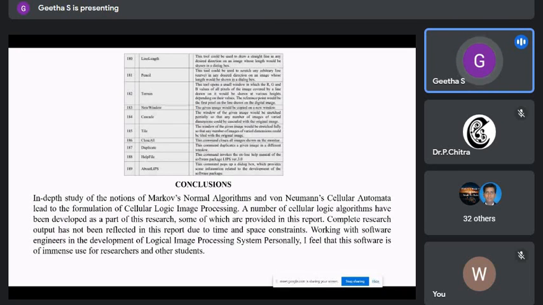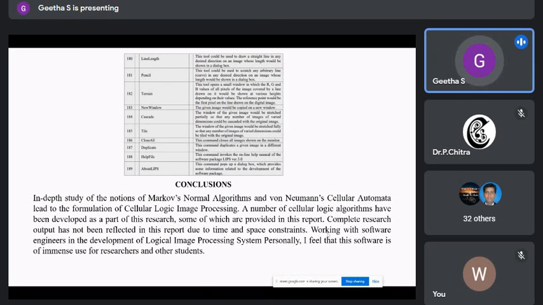Most of the people are using CLIP, which means cellular logic image processing. Most of the researchers' work using this software has not been reflected in this report due to time and space constraints.